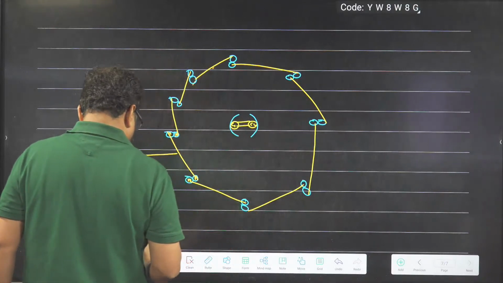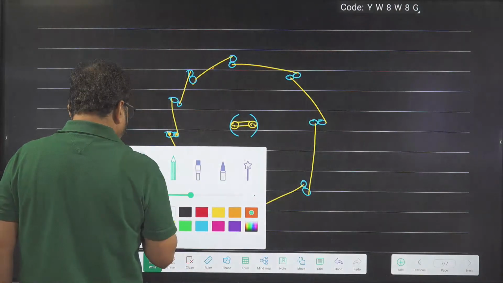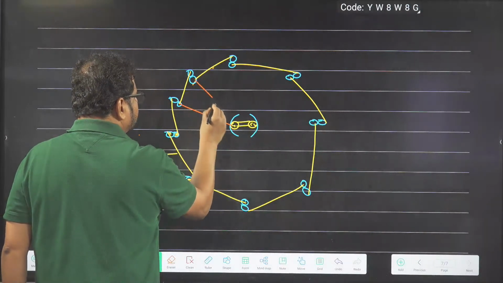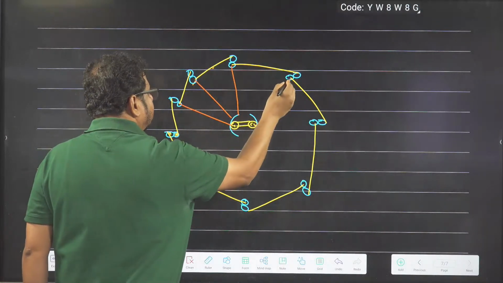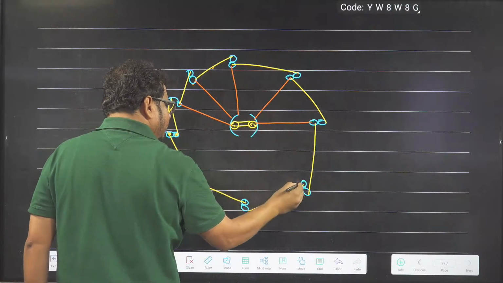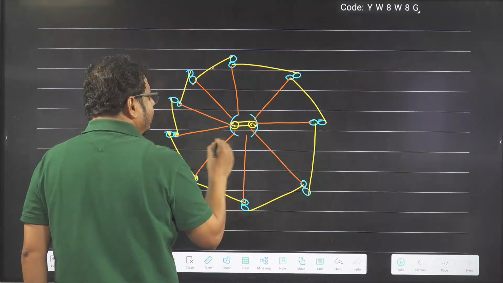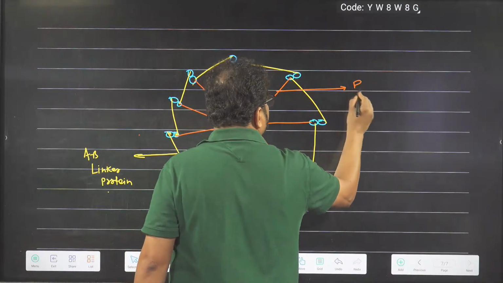Got the idea? And from every A, what is arising? Spokes are arising, called radial spokes. So this is the structure of the axoneme I am drawing. So 9 radial spokes are there. This is a radial spoke.